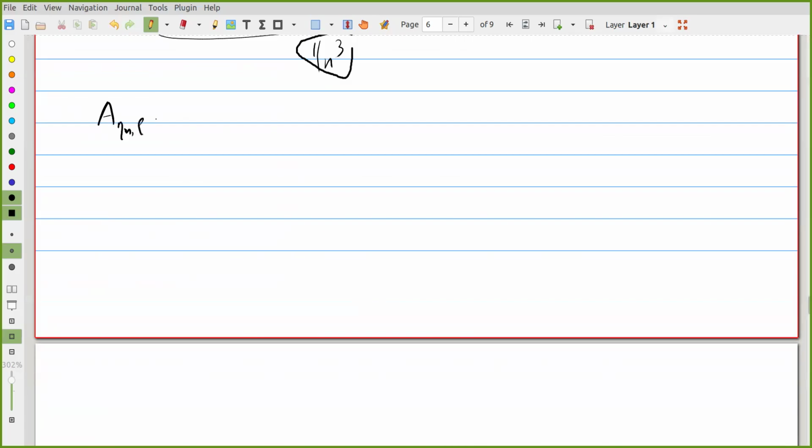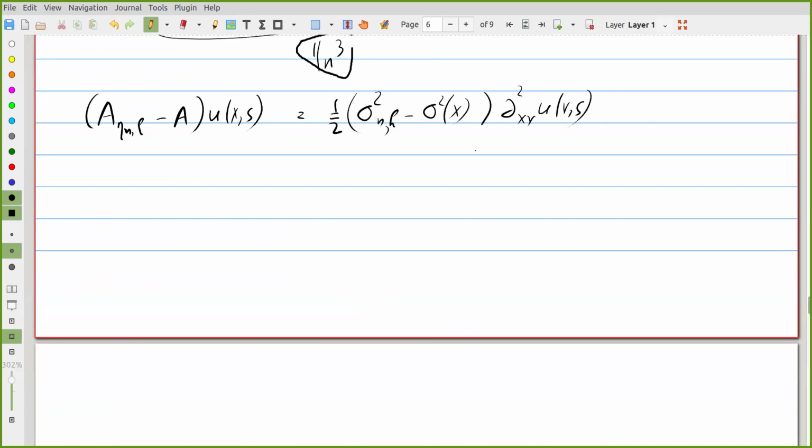We have this u_x s. This is just σ² η_nk minus σ² x. There is no drift, so it's very simple.